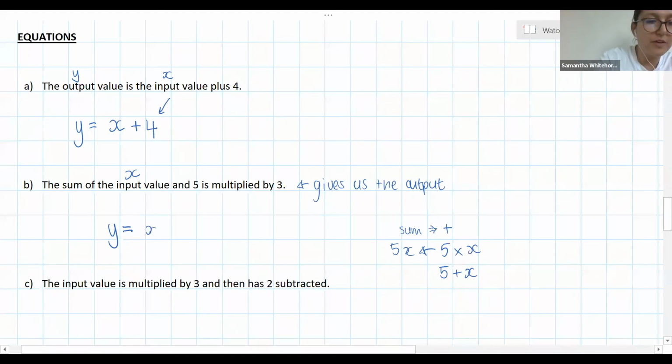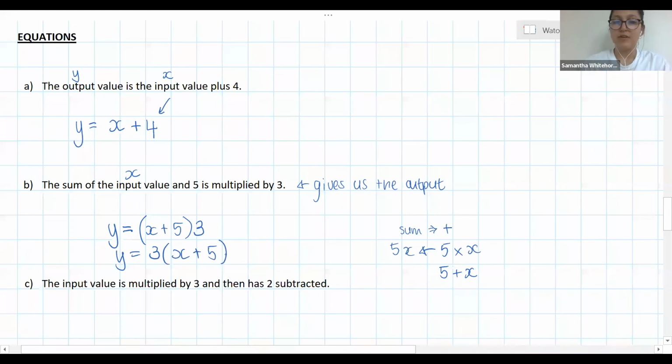So we would have 5 plus x or x plus 5, and that whole thing then needs to be multiplied by 3. We can write it like that, it really doesn't matter, or we can put the coefficient in front of the bracket, which is absolutely fine. So y equals 3 times the bracket x plus 5, and we get our equation.